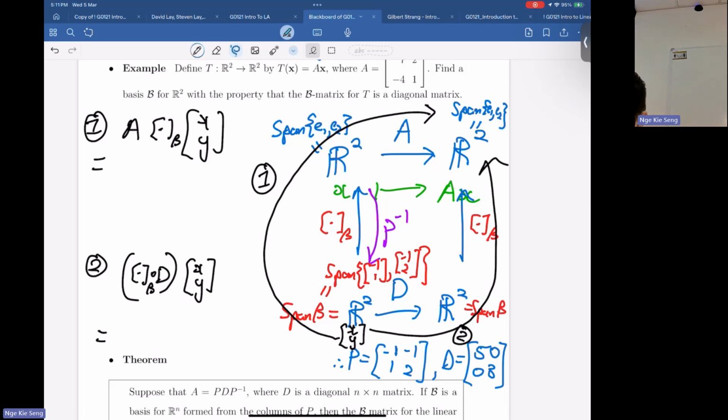So if we read this vector, let me think. How should we read this vector here? This vector is written as a span of these two things. Let me think. How should we talk about this?